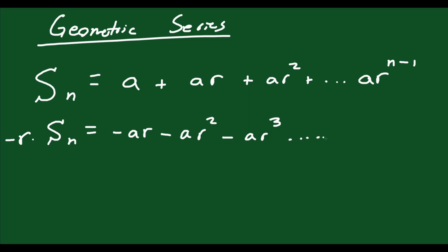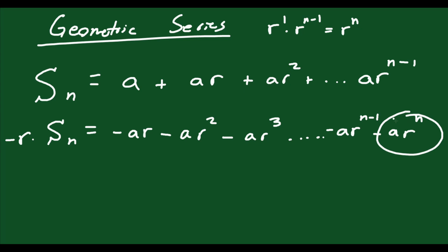And that's going to keep going until you get to the end, and you'll have negative ar^(n-1) minus ar to the n, right? Because if you multiply this last term by negative r, it becomes negative, but also you add the exponents, right? n minus 1 plus 1, you would get n. If you recall your exponent rules, r to the 1 times r to the n minus 1, add those exponents together, you get r to the n, right? The ones cancel. That's why this becomes your last term.